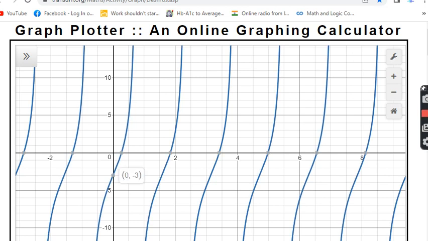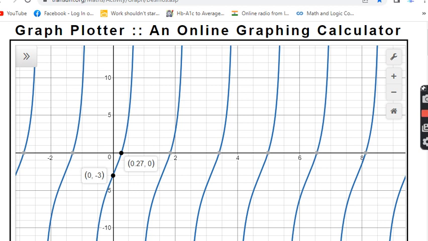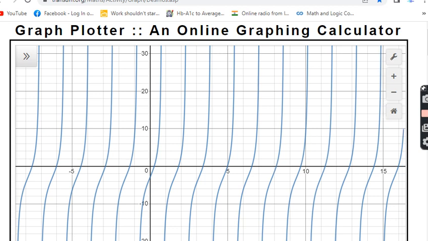So kindly focus on this point, 0 minus 3. And our graph also starts from 0 minus 3, check. Then at pi by 6 the value is 6, check. This is pi by 6, okay, and so on. So our graph is looking like this.